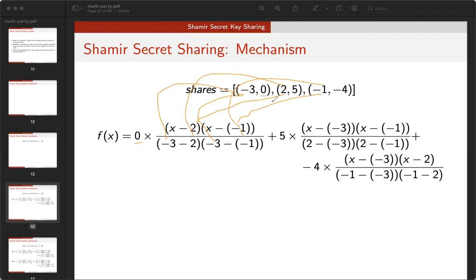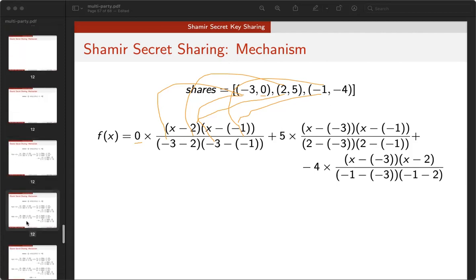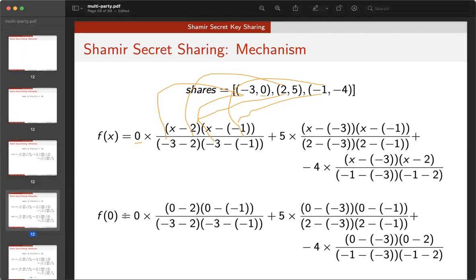And then we do the same for x1, 5 times that computation, and then -4 times that computation. And so if we continue this on and we plug in 0, why don't you try to calculate that on your own and let me know what you get for the y-intercept.